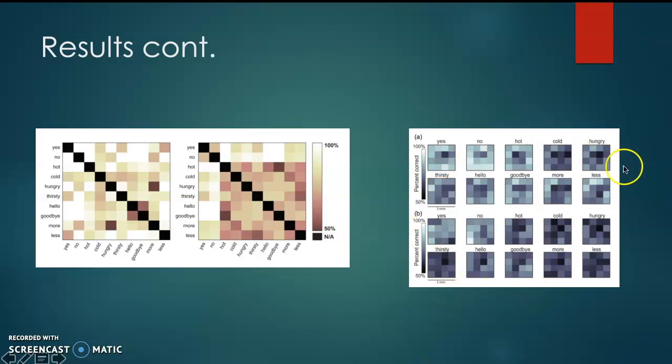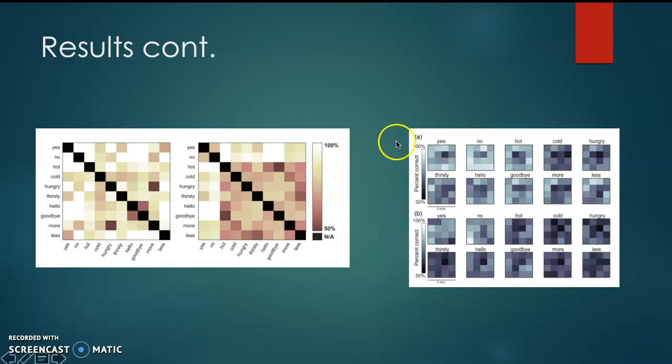And then this graph on the right, it's accuracy according to the area on the microelectrode. So if you remember, the microelectrode is a 4x4 electrode, creating a 16 array. And here, you can tell which area of the electrode carries the most data for correctly categorizing a specific word.